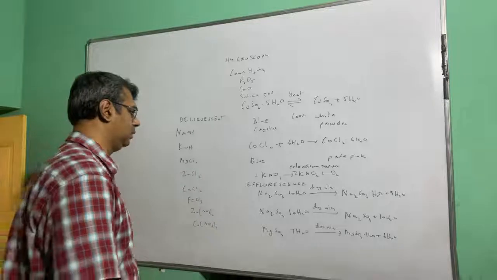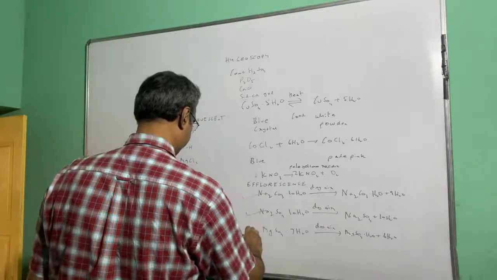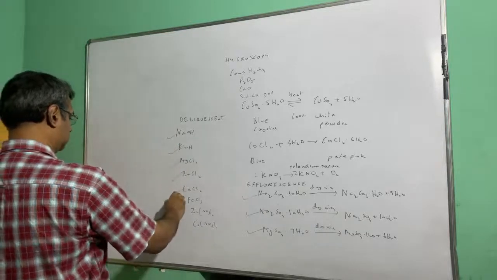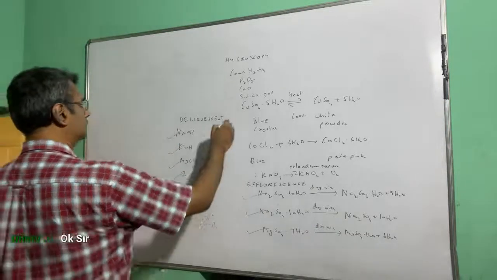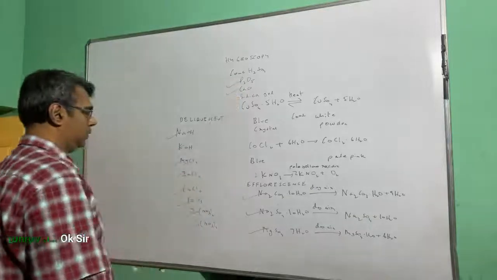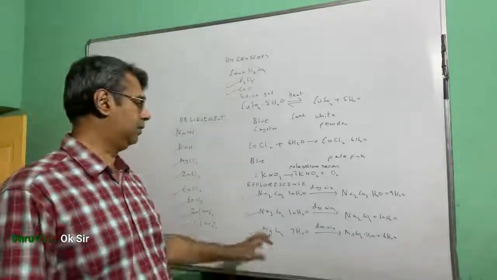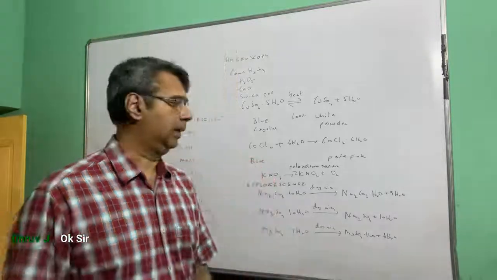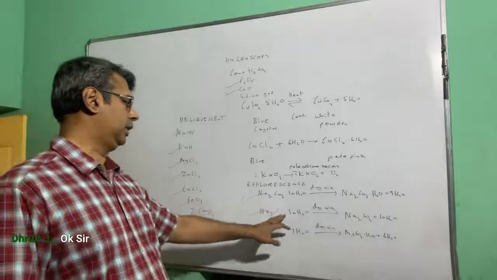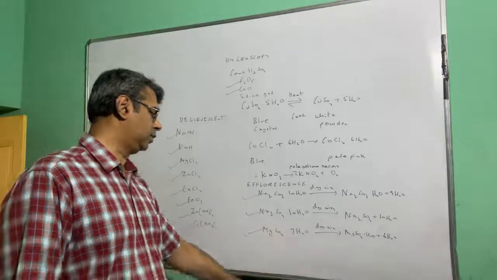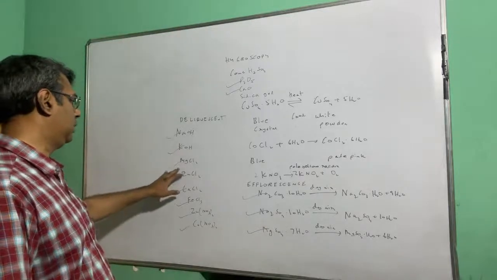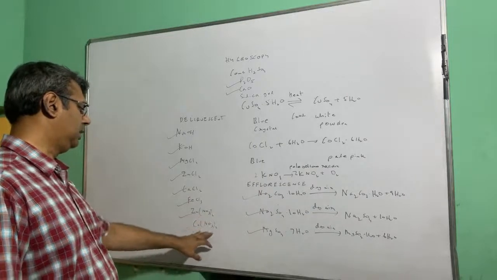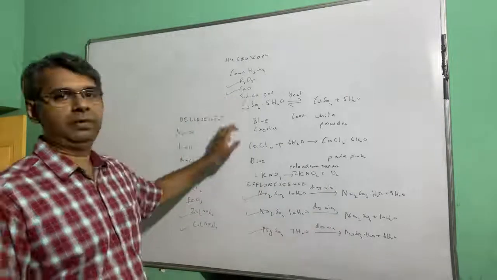So I am just marking those compounds: Na2CO3.10H2O, Na2SO4.10H2O, MgSO4.7H2O, NaOH, KOH, MgCl2, ZnCl2, CaCl2, FeCl3, Zn(NO3)2, Cu(NO3)2, P2O5 and CaO.